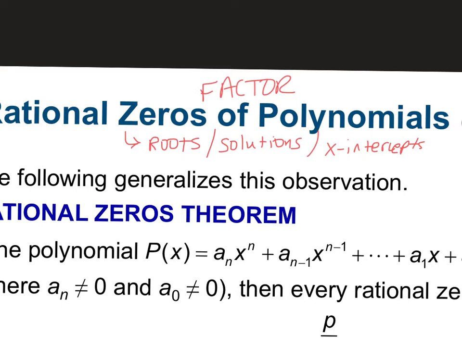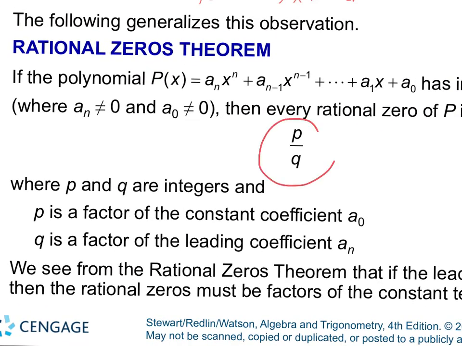When they ask you for the zeros of the polynomial, they want to know what x equals. We're going to do something today called P over Q, okay? P is the constant. It's the last number when the function is written in standard form. And Q is the coefficient of the leading term.